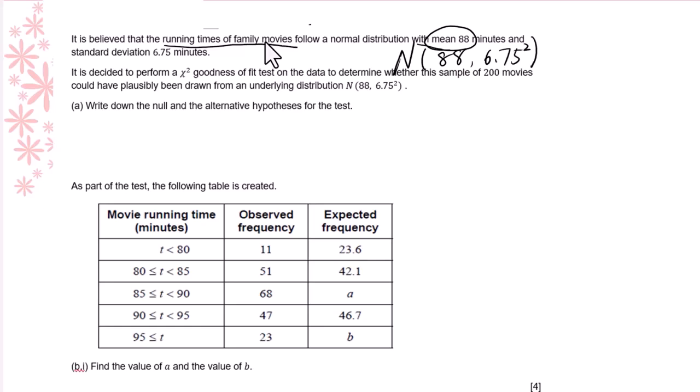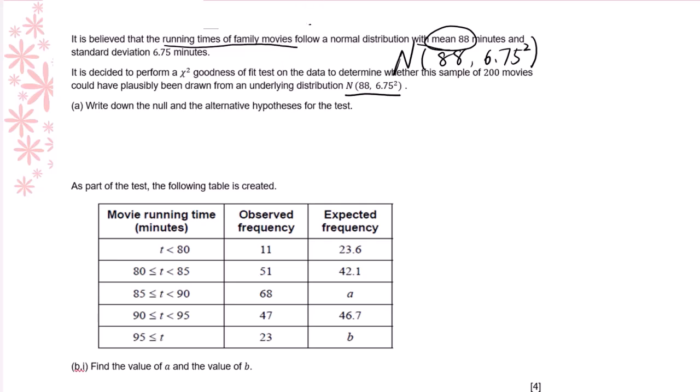It's decided to perform a chi-square goodness of fit test on the data to determine whether this sample of 200 movies could have plausibly been drawn from an underlying distribution N(88, 6.75 squared). Write down the null and alternative hypotheses for this test.